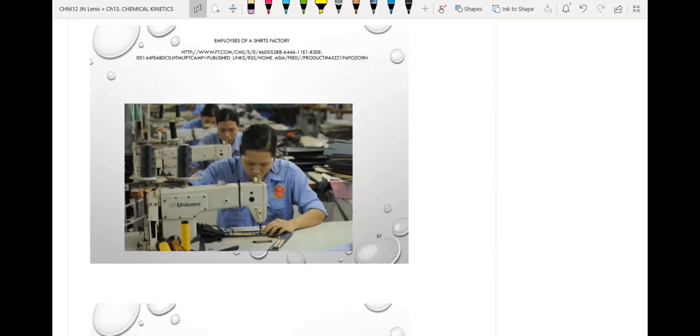And the materials start to pile up in front of this very specialized worker. He or her needs to take a lot of time to complete his task or her task.